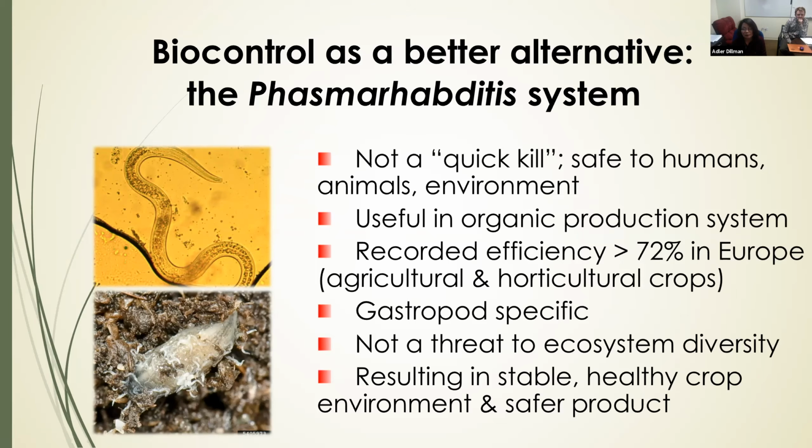Likewise, in Europe, there are records of over 70% efficiency in horticultural and agricultural crops. And I will be showing some examples of that later on. In addition, they are also specific to gastropods, and therefore they do not impact other non-target organisms.